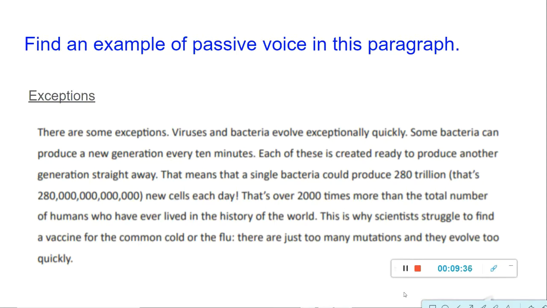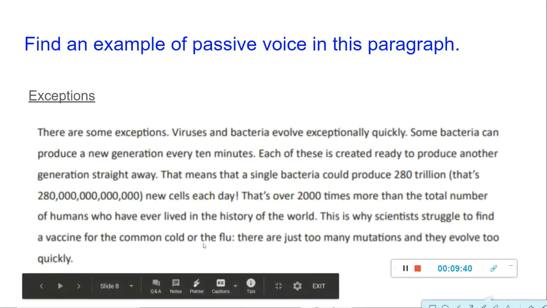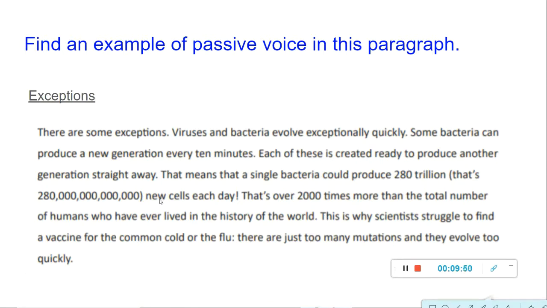So we have got some explanations in here to explain why something happens at the bottom here. And we've also got some facts in here. We've also got this adverb, exceptionally quickly. But we are looking for a passive voice.